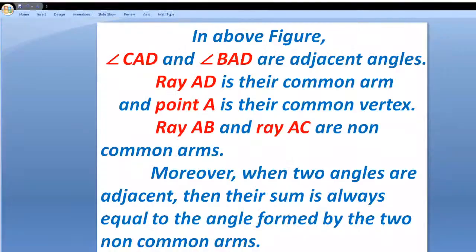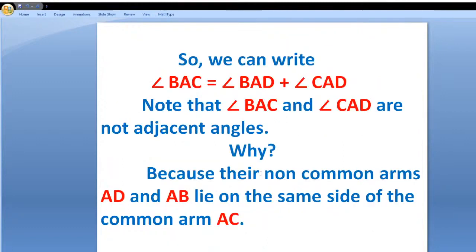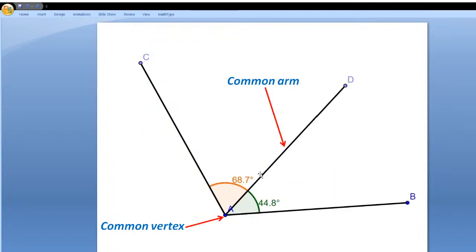Moreover, when two angles are adjacent, their sum is always equal to the angle formed by the two outer arms. So we can write BAC is equal to BAD plus CAD.